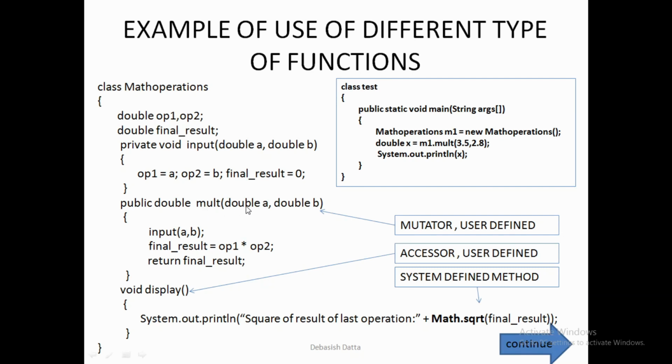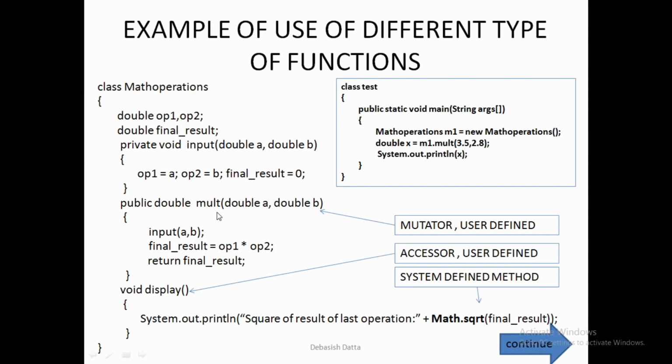this mark function. Say if I call the mark function 3 times, we have to pass a different set of values into the mark function in those 3 function calls, and every time, whatever value we pass, that value will be used to change the value of op1 and op2, is it not?